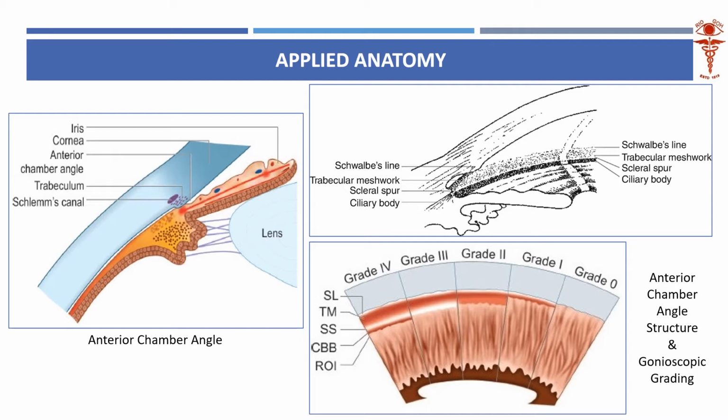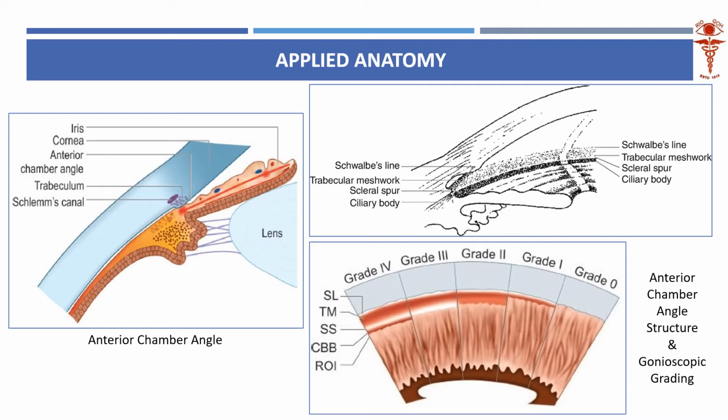If all four of these are seen by me in a patient, then I refer to this as angle grade 4. I say grade 4 means all four structures are seen. If I see grade 3, then it means I see only 3 structures.